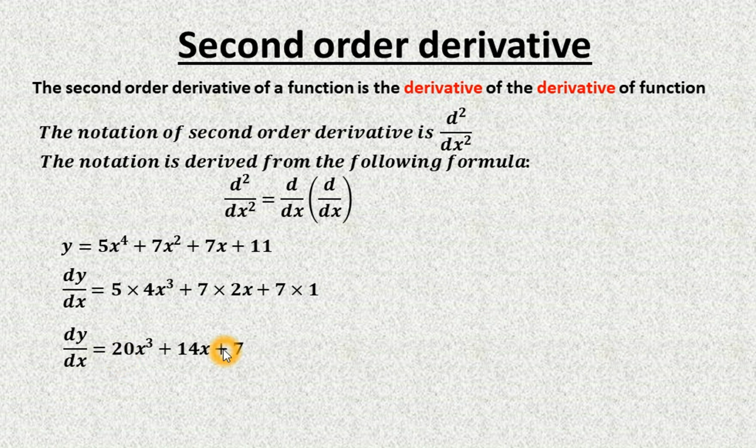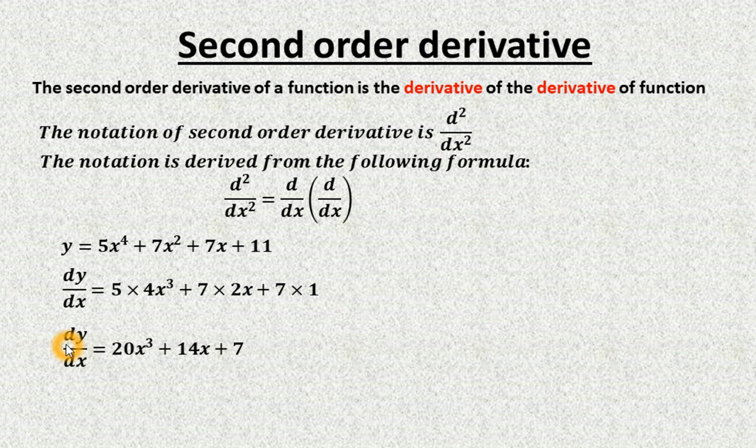Then we simplify: 5 times 4 is 20, 7 times 2 is 14, and 7 times 1 is 7. Next, we differentiate this dy by dx again, that is d square y by dx square. The second derivative means again differentiating this result, the derivative of the derivative of the function. We know the notation to represent the second order derivative is d square by dx square.